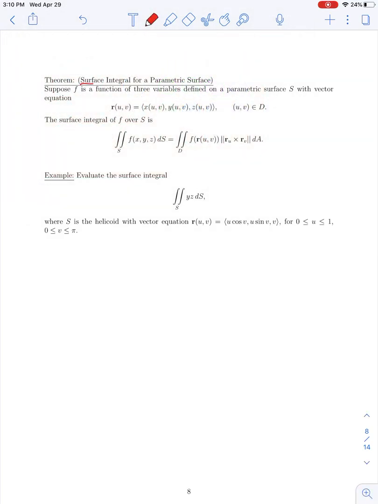So we have a new theorem for the surface integral for parametric surfaces.